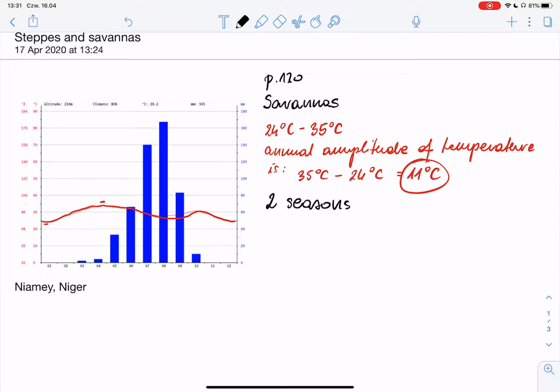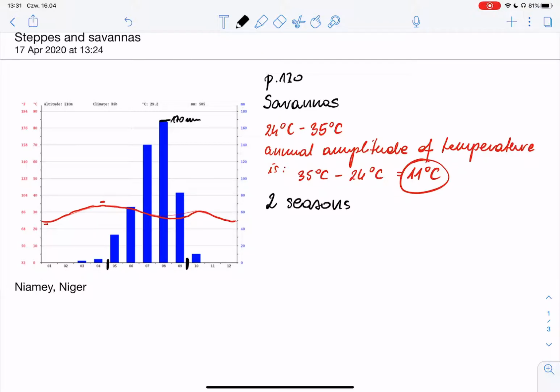seasons is the precipitation. As you can see, from May to September, the precipitation is really high, up to more than 100, up to 170 millimeters.